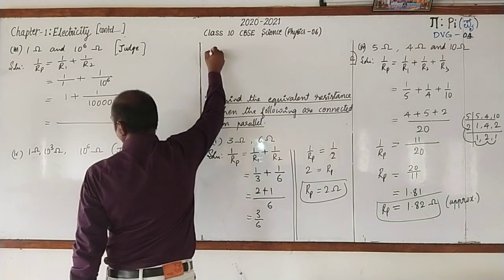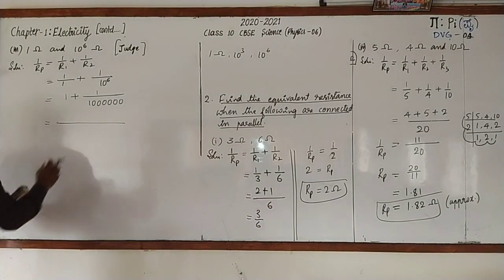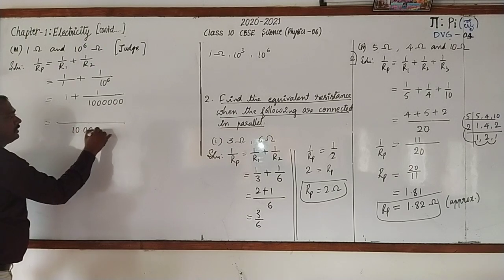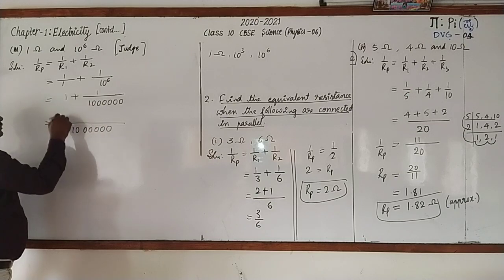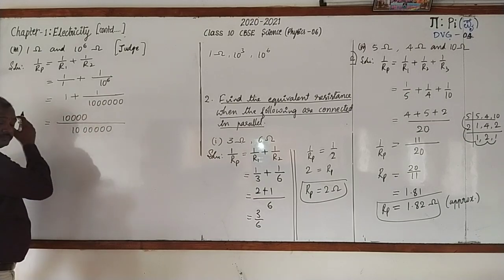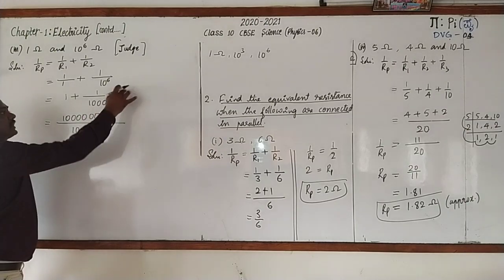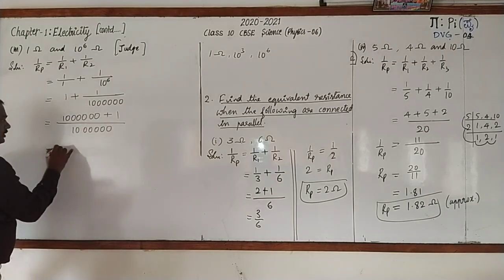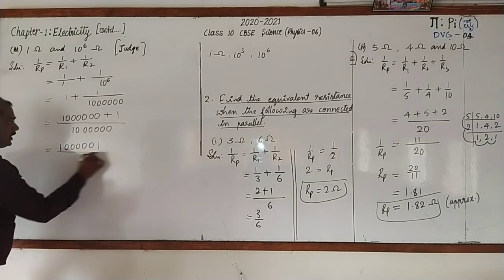The LCM is 10 lakh, 1 after 6 zeros. Multiply the LCM with the first term, you will get 10 lakh. Plus multiply the LCM with the second term, you will get 1. Add these two: 10 lakh plus 1 is 10 lakh 1. Clear? Divided by 10 lakh.